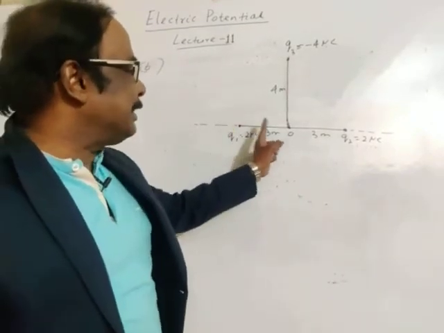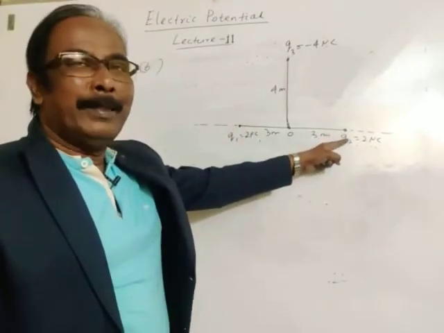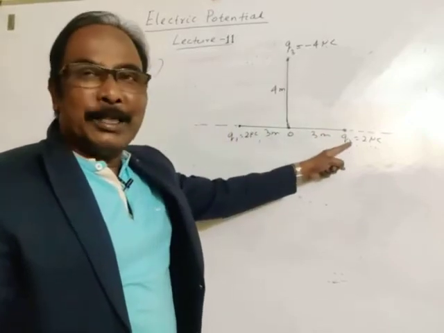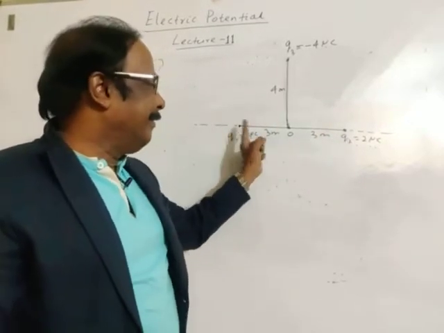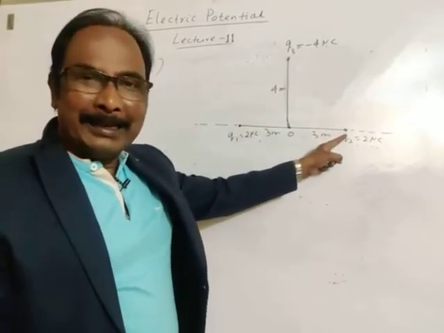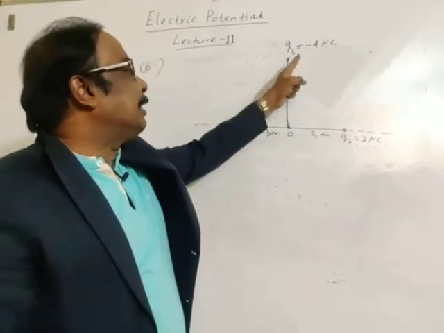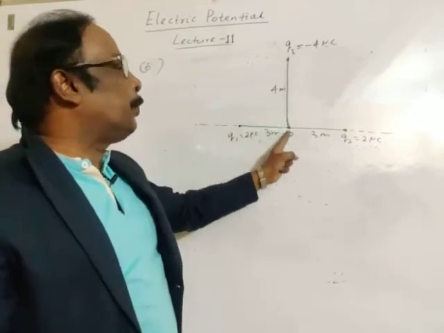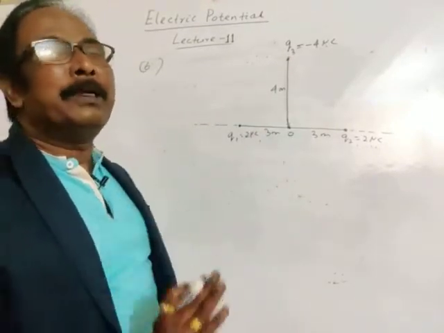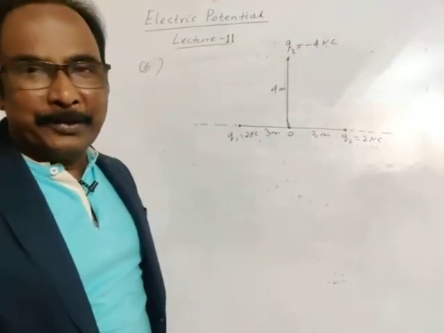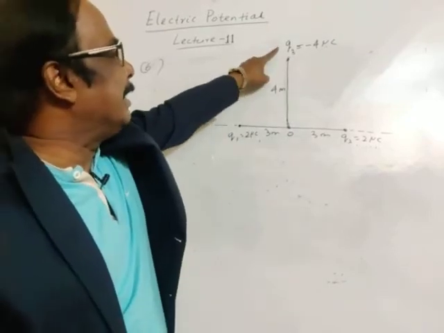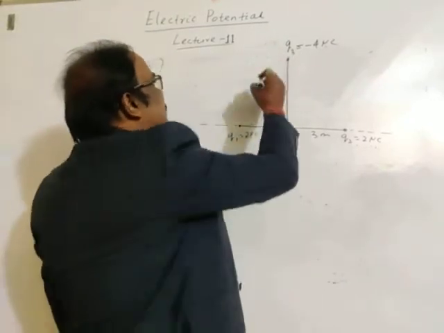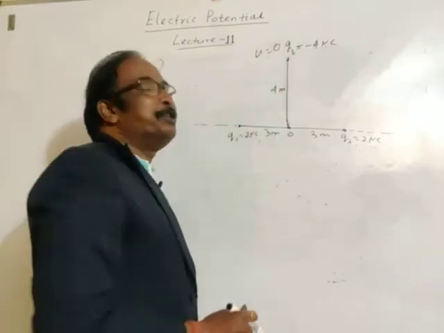Two charges Q1 and Q2 are separated by a distance of 6 meter on the x-axis. Another charge, minus 4 microcoulomb, is at a distance 4 meter from the origin, along the positive y-axis direction. Initially, the charge is at rest, meaning its velocity is 0.